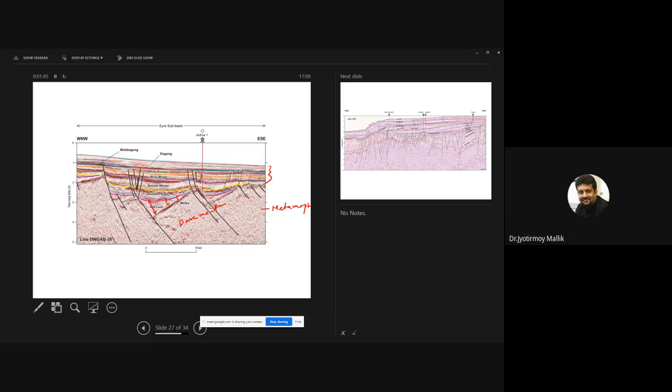And you can see there is no obvious anticline developed here, right? So if you don't have any anticline developed, then you have to depend on fault dependent traps. So for example, these could be your potential traps.